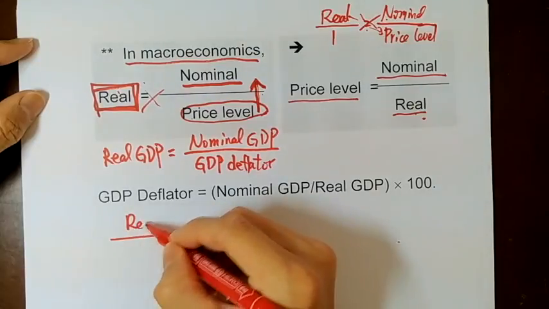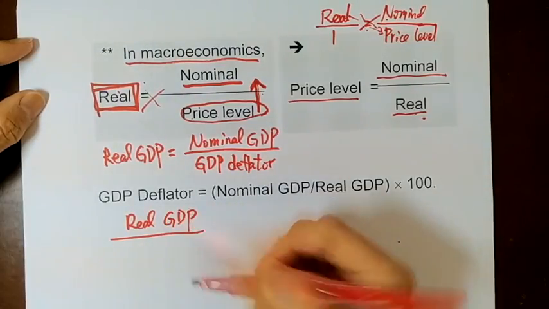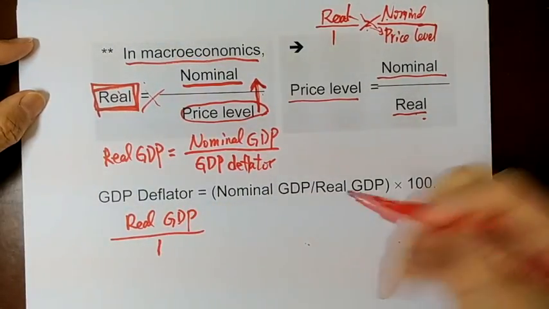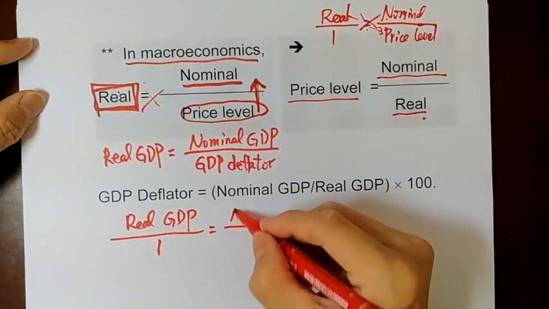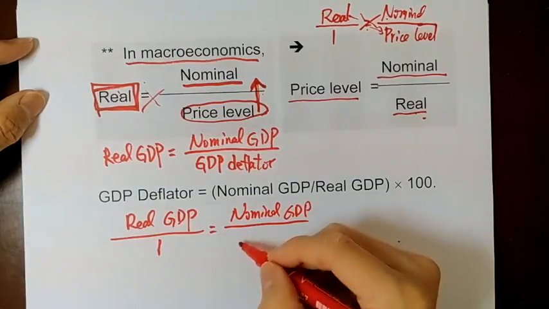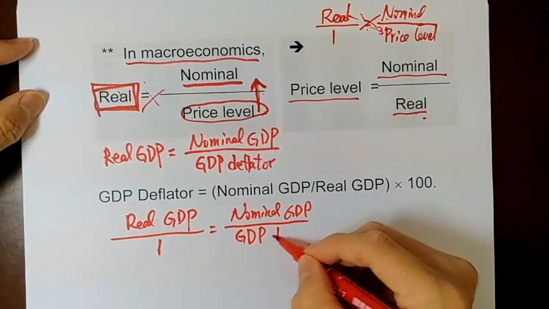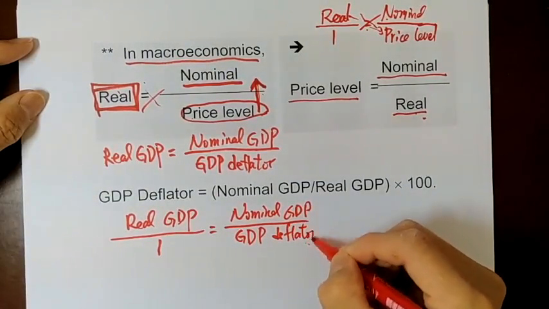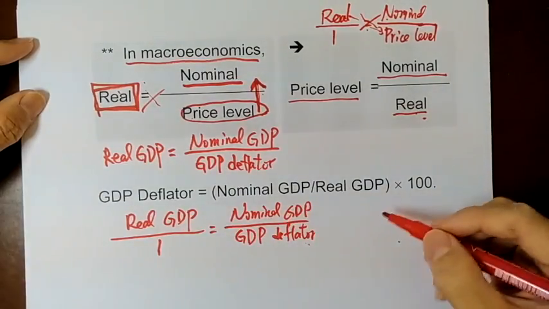Real GDP is equal to real GDP divided by 1, right? Which is nominal GDP divided by GDP deflator. Do the cross product.